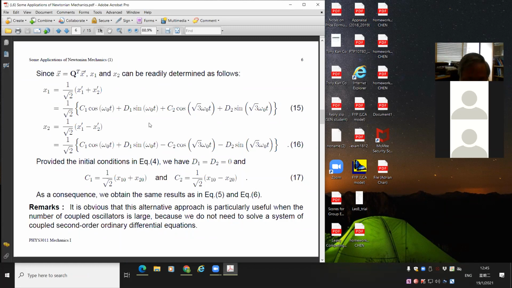So this is the preferred approach for solving a system of coupled oscillators. Of course, if you're smart and experienced, you can tell me right away that by inspection, this is the solution. You are welcome to do so, even in the exam.